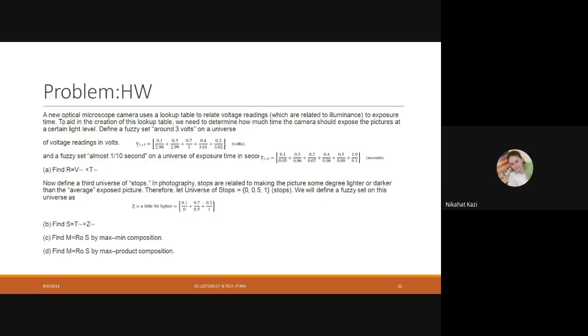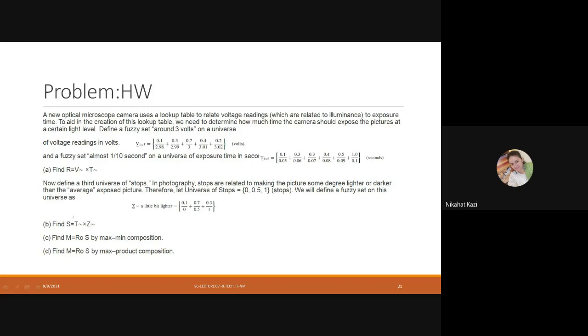There is one problem that I am giving to you for practice as homework. This is a scenario given to you. In this problem, you are given fuzzy sets. You have to form the fuzzy relations from these fuzzy sets. It is simple; the only thing is that the relation is not given to you directly.